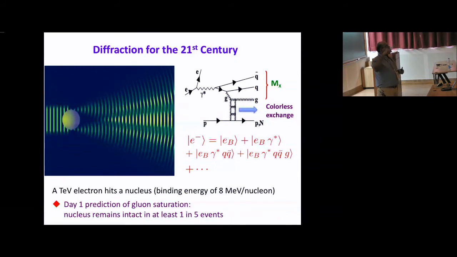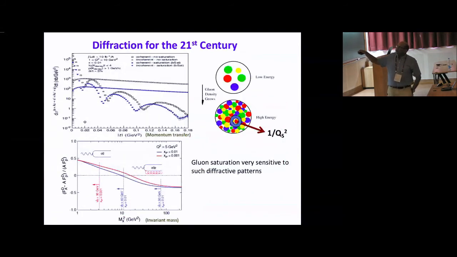So you can think of your electron as fluctuating into various Fock states, right? So an electron can be an electron and a virtual photon, or it can be a virtual photon to q qbar g, all different Fock states, and they come and crash on the proton, and they reconstruct themselves on the other side of the proton. And so you can really see patterns, just like you do in optics, of what the cross-section looks like as a function of momentum transfer, and you see this very nice kind of Fraunhofer diffraction pattern. Okay? And you can try and interpret these minima in terms of the various partonic structures that you have inside the proton, or nuclei.